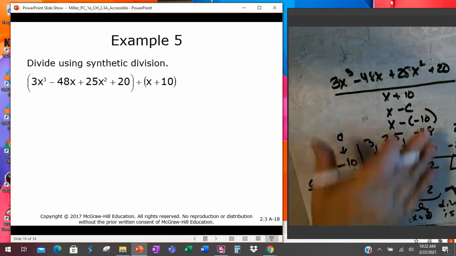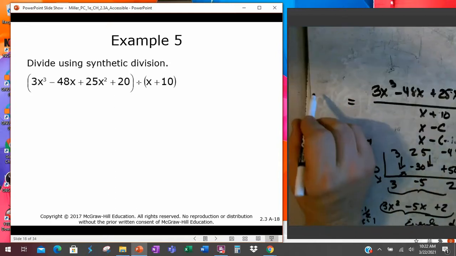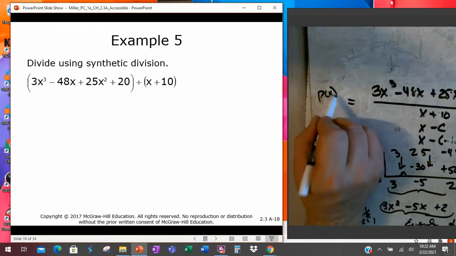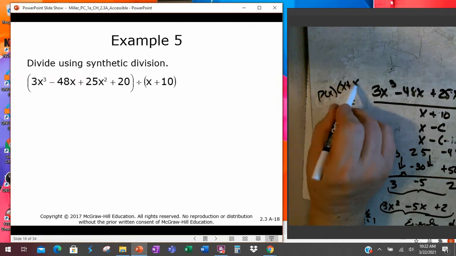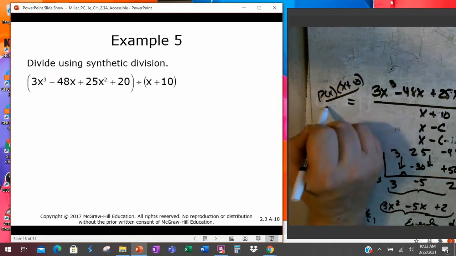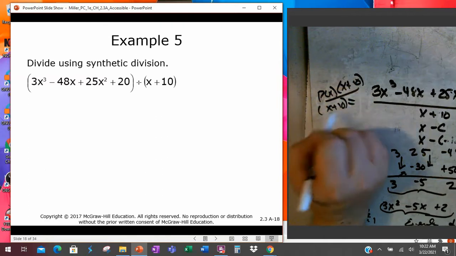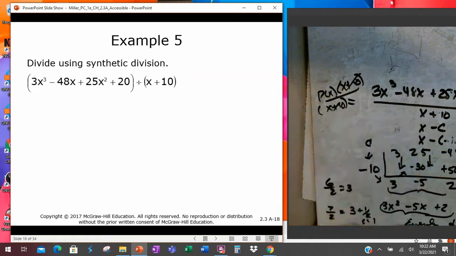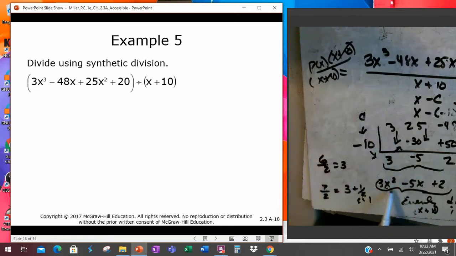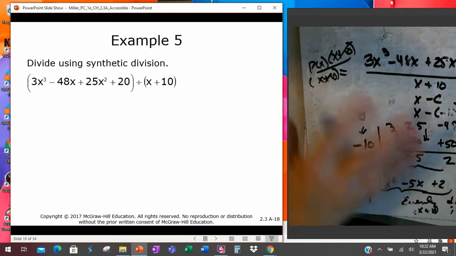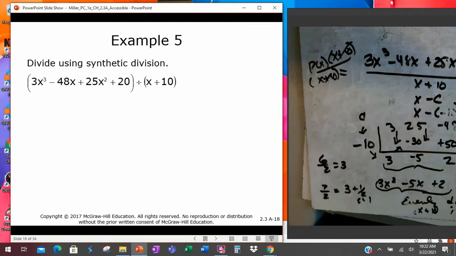I could have written this as some other polynomial times x plus 10 divided by x plus 10. And what is that p of x? That p of x is 3x squared minus 5x plus 2. We're going to use that later on. That's going to be part of some results that we're going to be working on.